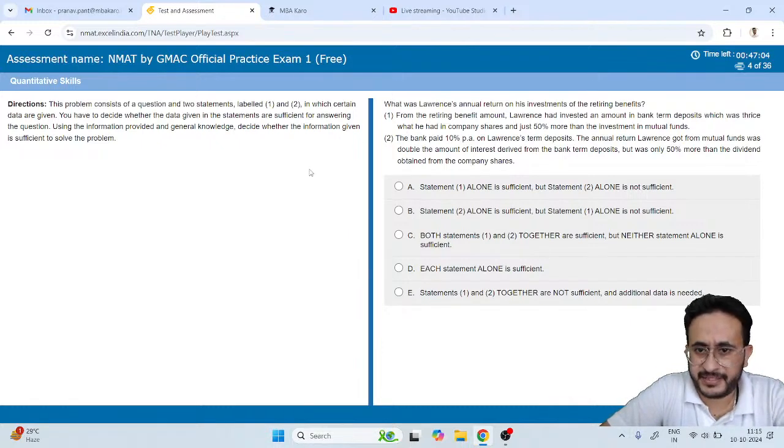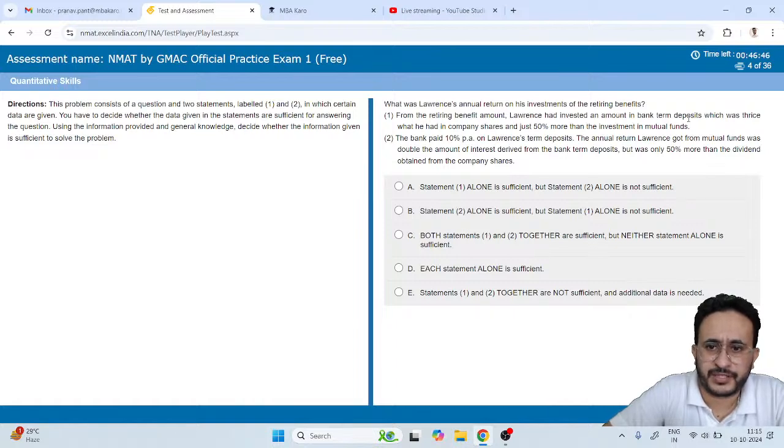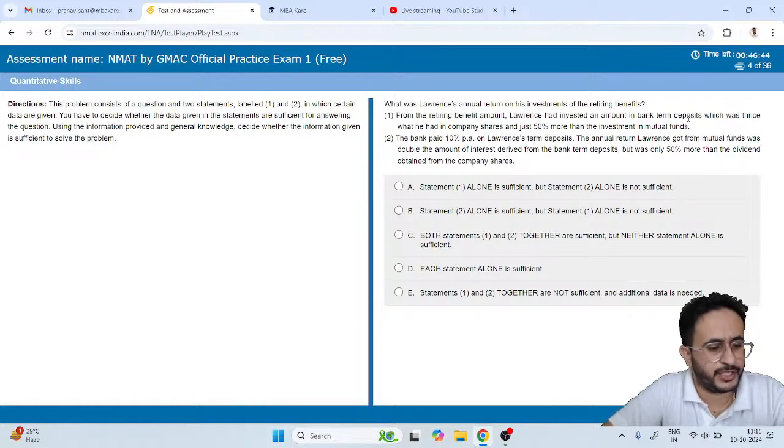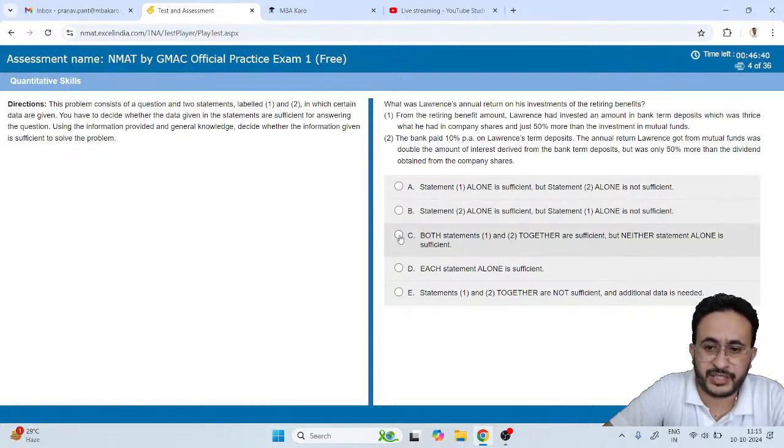The second says the bank paid 10% per annum on Lawrence's term deposits. The interest from mutual funds was double the amount of interest derived from the bank term deposit, but the amount was only 50% more. So now we are given the percentages also, and the ratio of amounts, right? Bank term deposit ratio, shares ratio, mutual fund ratio. So the ratio is given and the percentages are given. So collectively together they are sufficient.